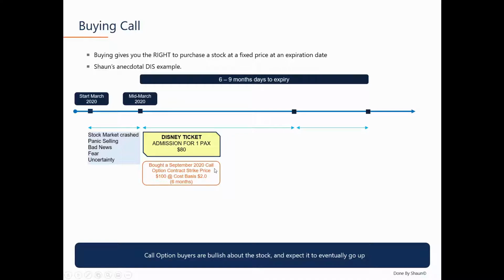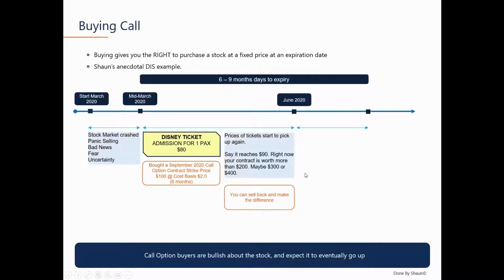Now you bought a call option for September 2020, which is about 6 months, with a strike price of $100, and you paid $2 per share, which is a premium of $200, for the right to purchase the tickets for only $100 in the future.